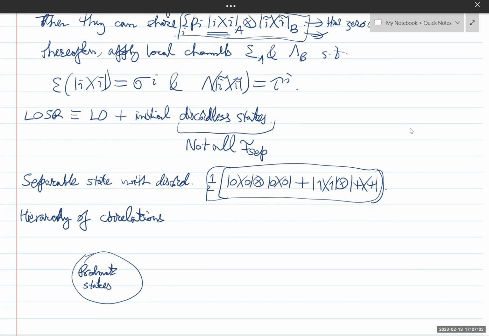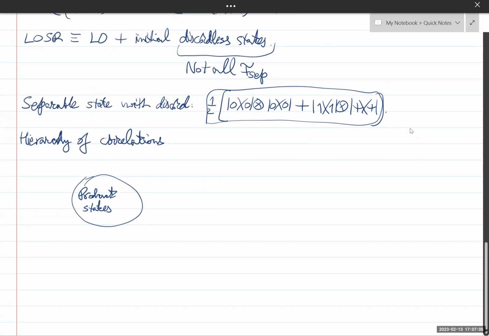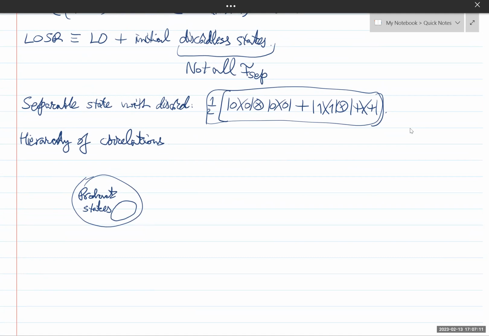You can say that within the product states, there are classical joint, but sort of uncorrelated classical distributions.